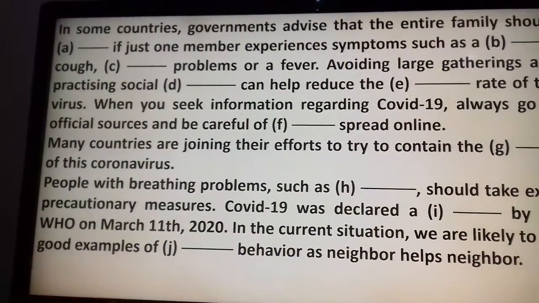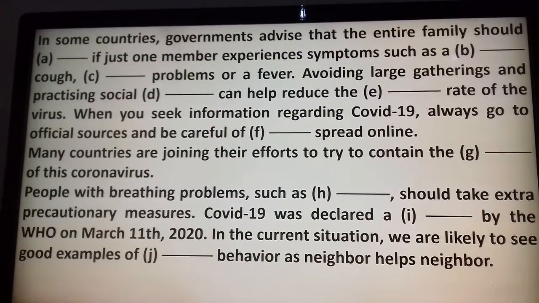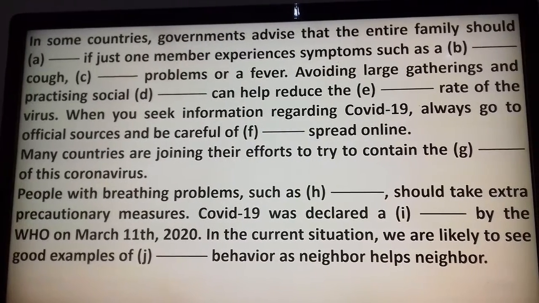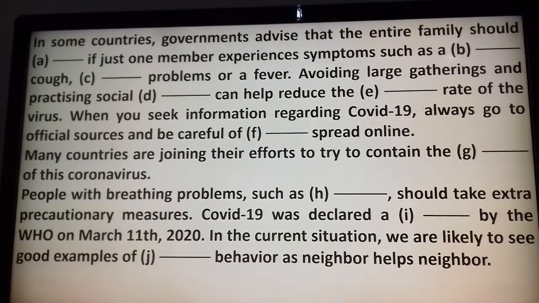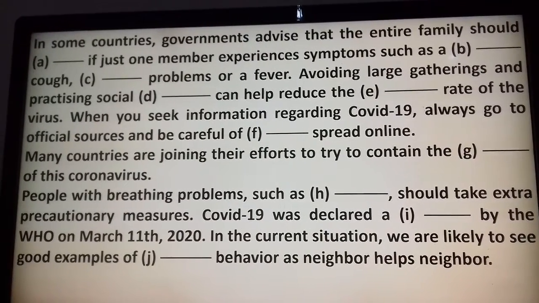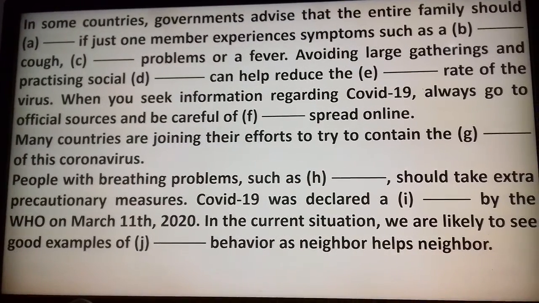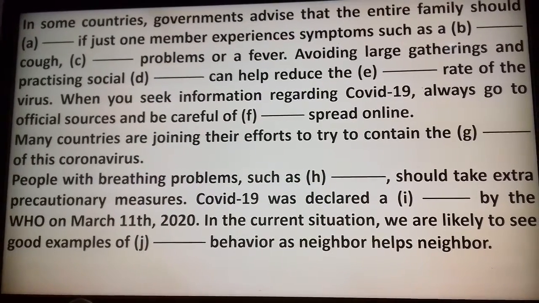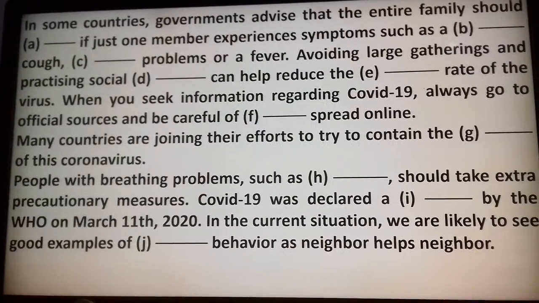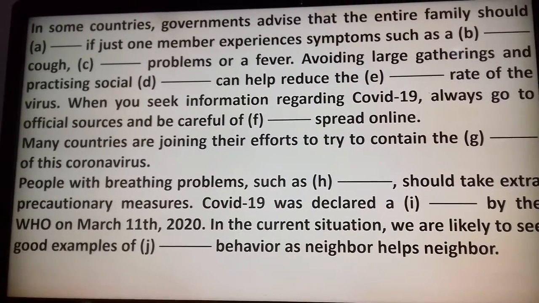Okay, in some countries government advise that the entire family should, if just one member experiences symptoms such as cough and problems or fever. Avoiding large gatherings and practicing social can help reduce the rate of the virus. When you seek information regarding COVID-19, always go to official sources and be careful of spread online.